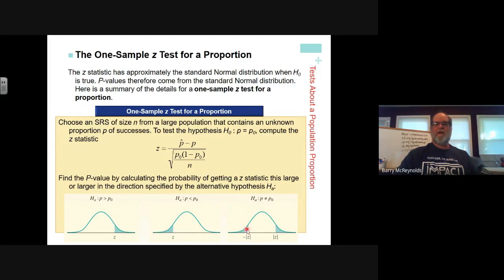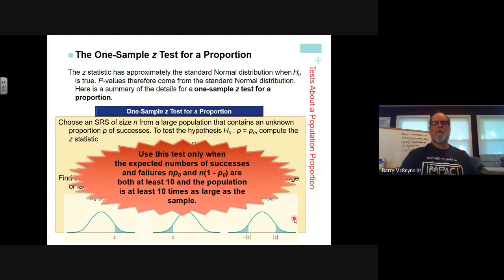So once you find the area on this side, just double it, and that gives you the total probability for your p-value. But you have to make sure that we have a normal distribution, and we also have to double check that our sample is small compared to the population.